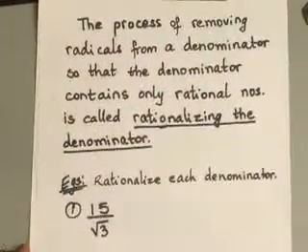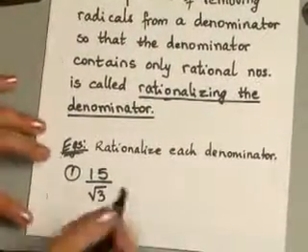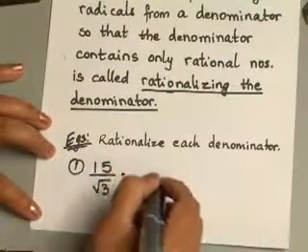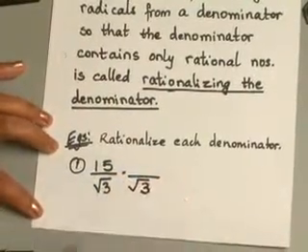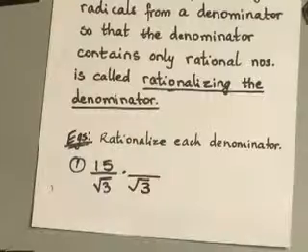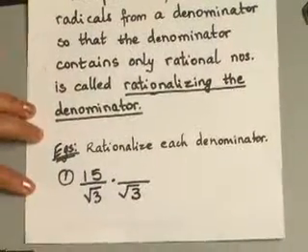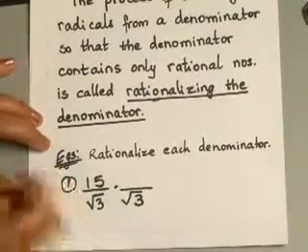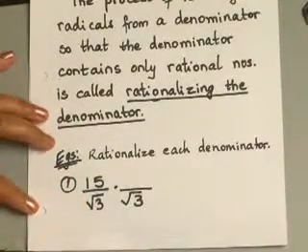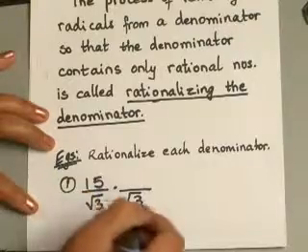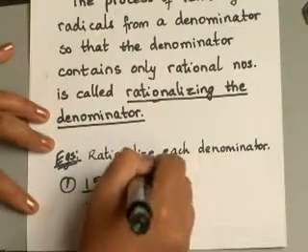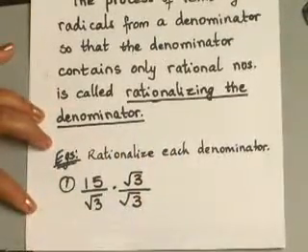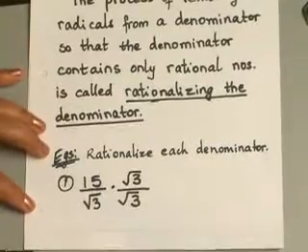So let's go ahead and see how this will work with our current example here. So I take my denominator and I multiply it into square root of 3. Now remember, since this is a fraction and we don't want to change the value of the fraction, we still want the fraction to have the same value as 15 over square root of 3. If I multiply my denominator by square root of 3, I have to multiply my numerator also by the same number.